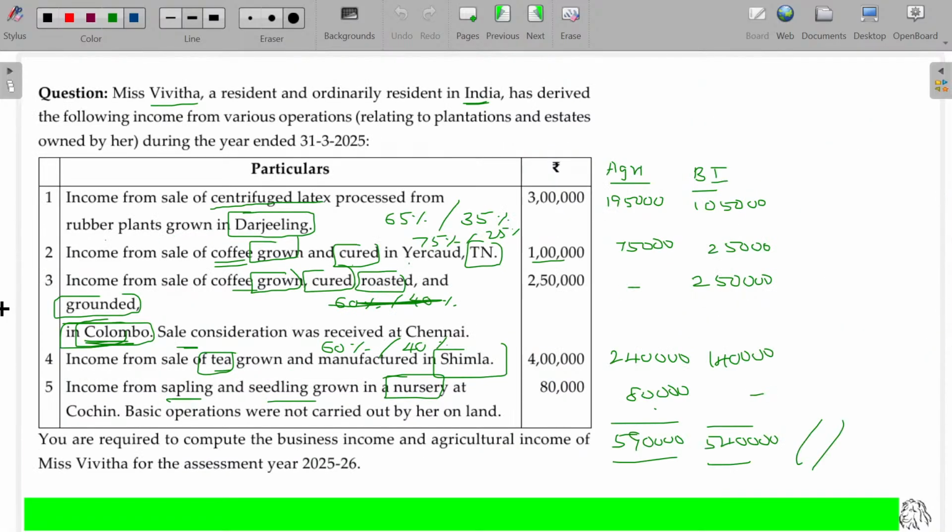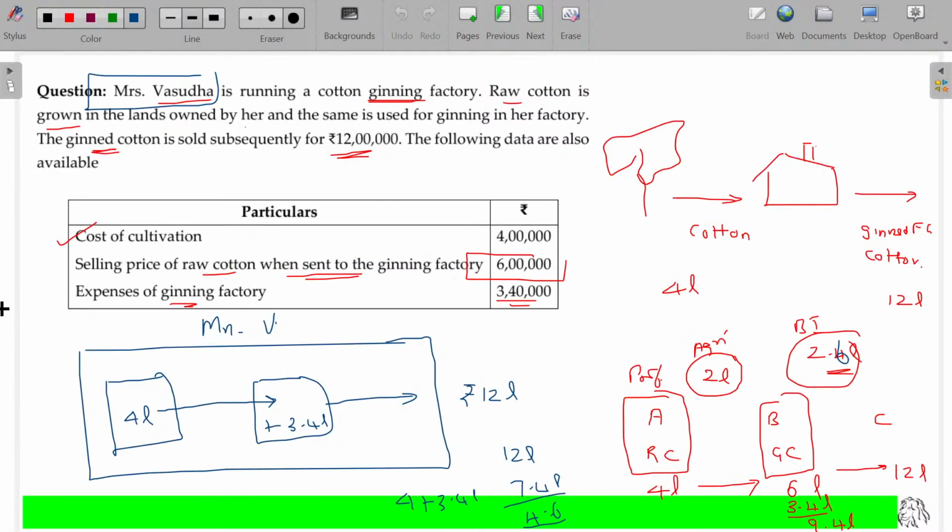But in this case, such a process is missing. Then how can we segregate the 4.6 lakhs into agri and non-agri? Very simple. Here you see. Find out the market price for this raw cotton. Actually, Mrs. Vasudha is herself the owner of the farmland as well as the ginning factory, but she is not going to pay anything for the taxation purpose.